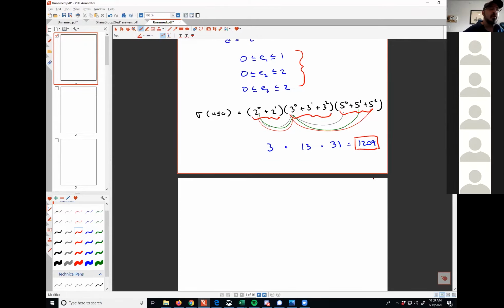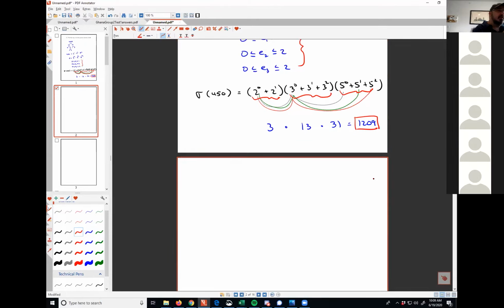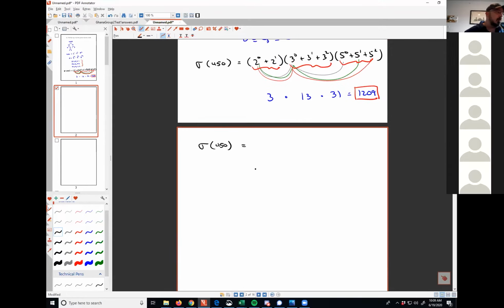And if we wanted to also, we could see each of those three groups of powers of 2, 3, and 5 as a geometric series. And so what some people do is represent those as sums of geometric series. And I'll perform one of those computations. Let's say that we wanted 5 to the 0 plus 5 to the 1 plus 5 squared.